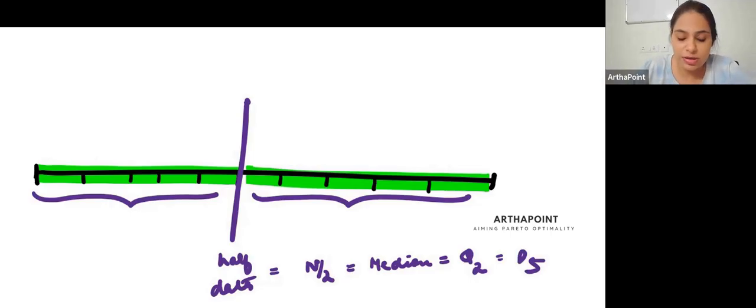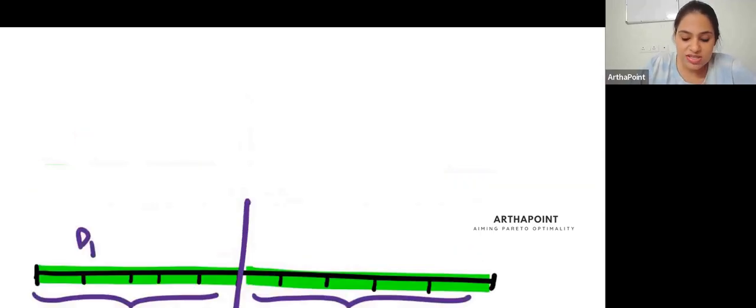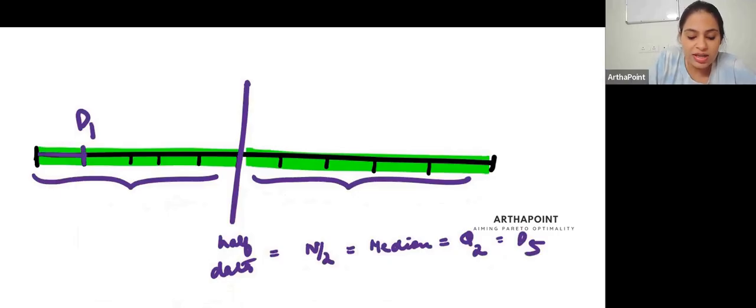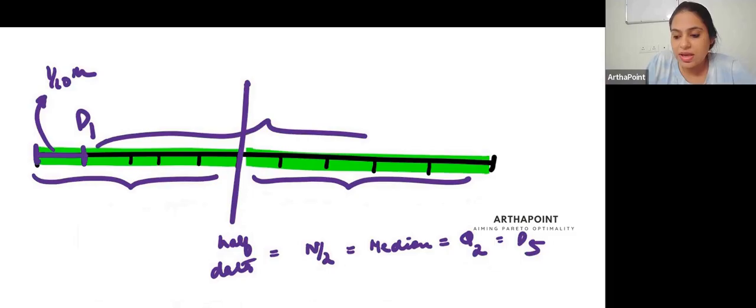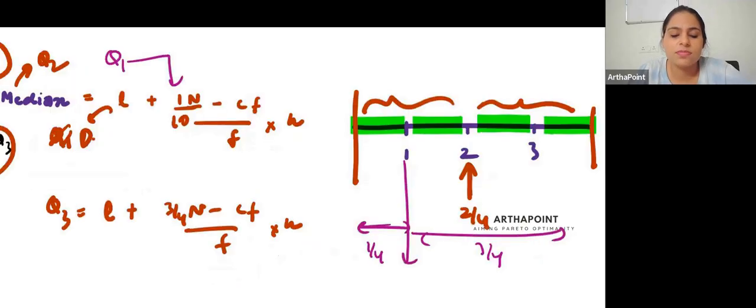Now you can again find out, if I ask you to find D1, it means you want 1/10 of the data here and the remaining 9/10 of the data here. So instead of 1/4, you will have 1/10, and this will be D1.